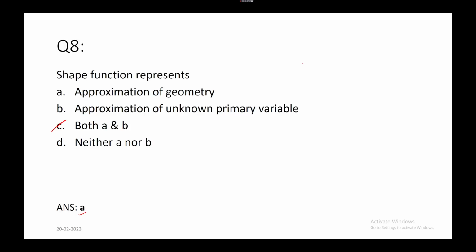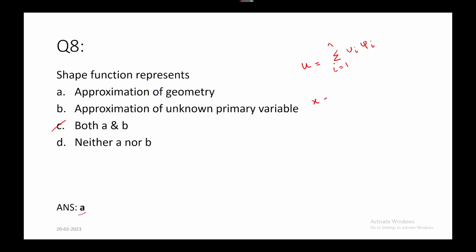So basically, you have some primary variable u, which you are going to represent as the sum over i equal to 1 to n of u_i psi_i, something like this.